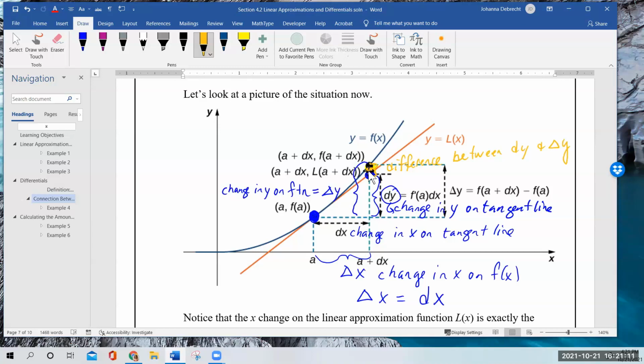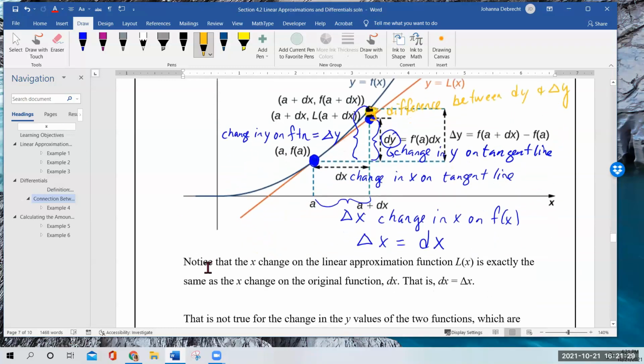The smaller dx is, the smaller the difference between dy and delta y will be, but there will still be a difference. As dx and delta x, which are the same, go to 0, the difference between dy and delta y also goes to 0.